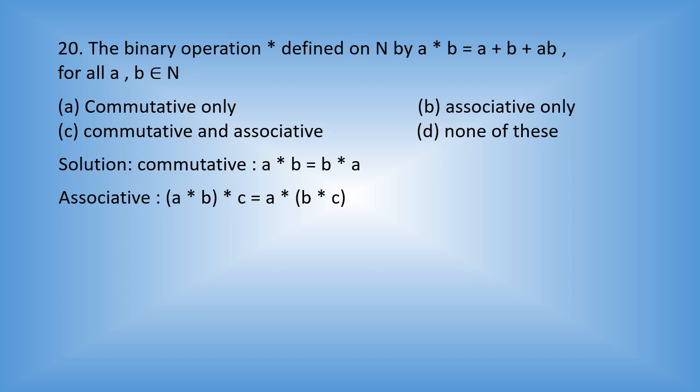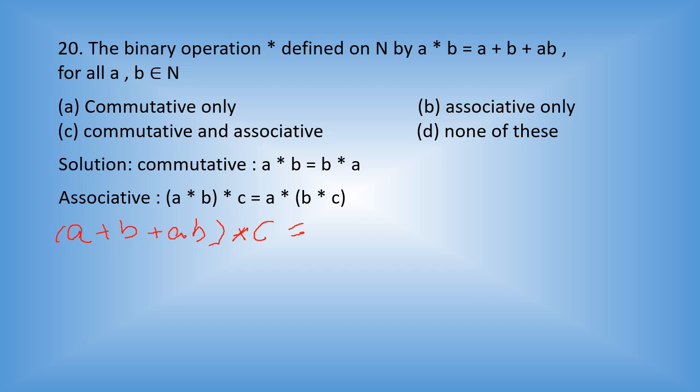Now check with the associativity. So A star B star C. So A star B star C is A plus B plus AB star, compare with this one, C here. So star C, binary operation C. So this is nothing but whenever A is there, you have to write the entire term.